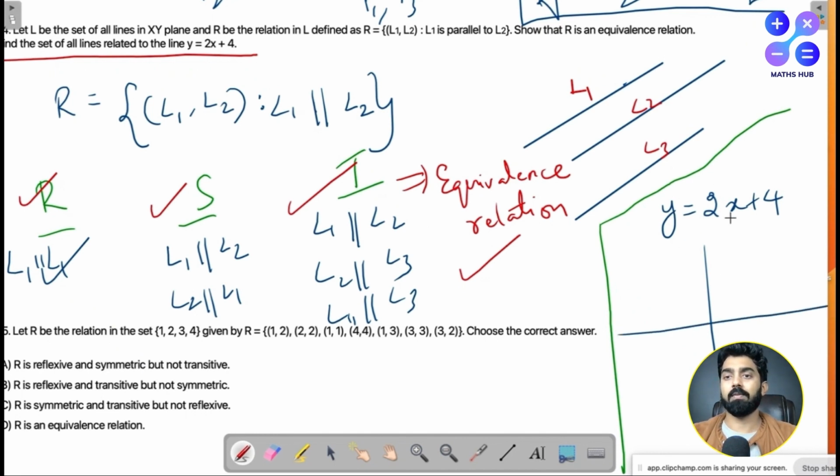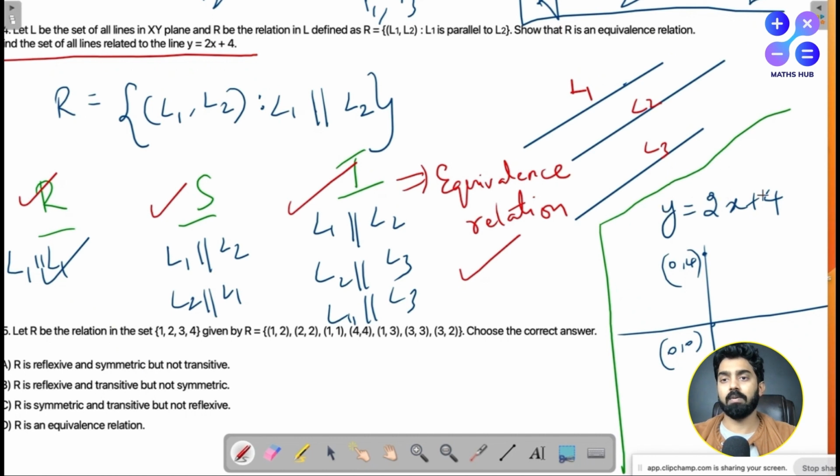So first of all, if you put x equals 0, you get y equals 4, right? So (0, 4). This is the positive y axis, this is the positive x axis. So (0, 0) is here, and (0, 4) will be 1, 2, 3, 4, let's say over here. And if you put y equals 0, you get x equals minus 2, right?